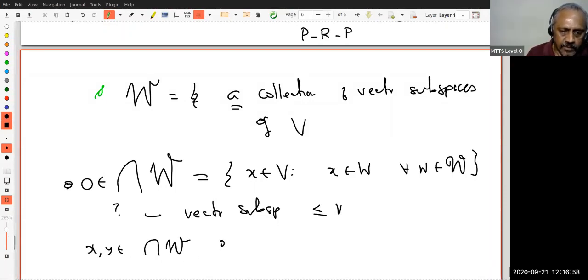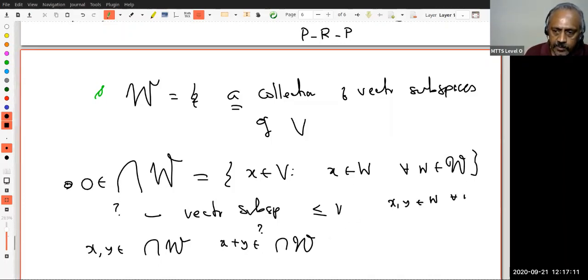Then I want to know whether X plus Y belongs to this. But X and Y belong to W for each W in script W. But since W is a vector subspace, X plus Y belongs to W, for each W in script W. That means X plus Y belongs to the intersection of W. Do you follow that?